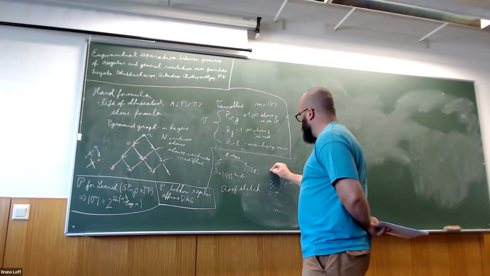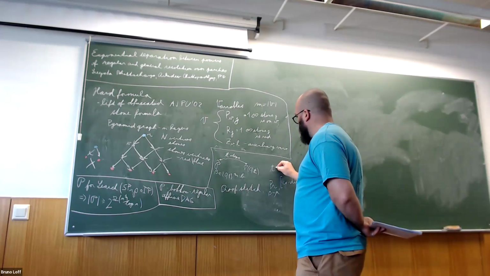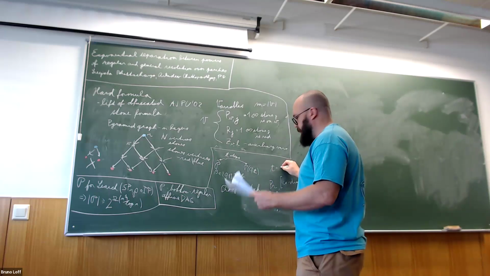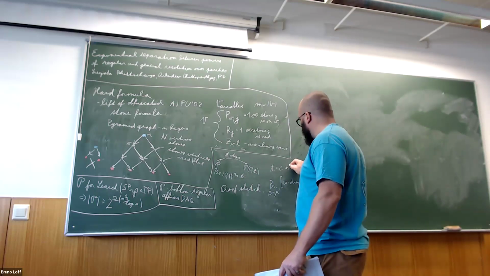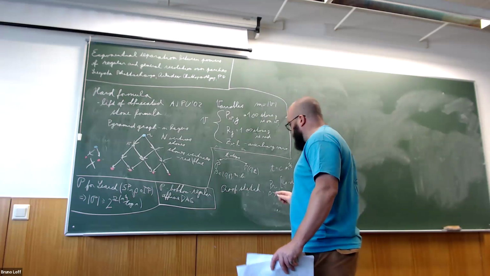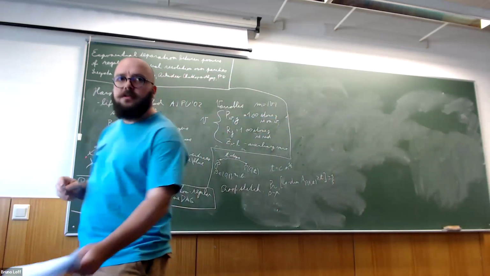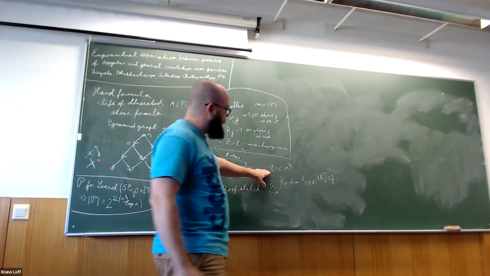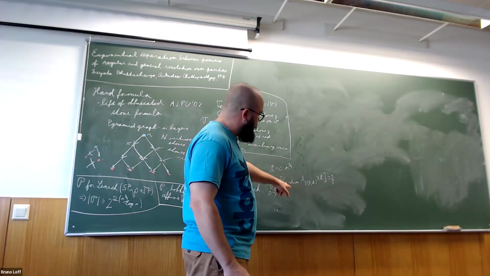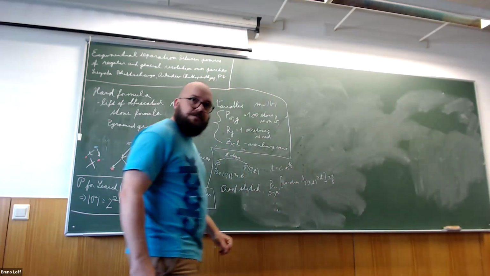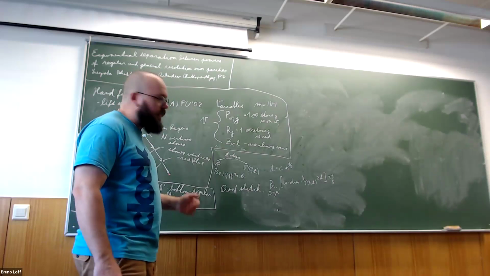We set t to be c times n^(1/3), where c is some small constant. So if we set t to this, it means this is a large affine space.